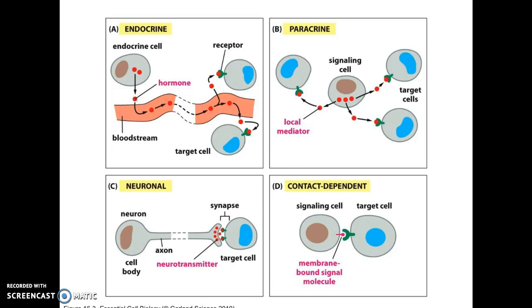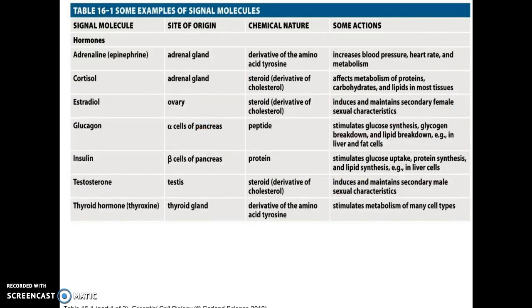So one cell says, I'm a notch cell, and the other cell says, well, then I'm a delta cell, and the notch and delta bind to each other, and so the contact dependent signaling is the last kind of signaling. So that's one way we break up signaling.